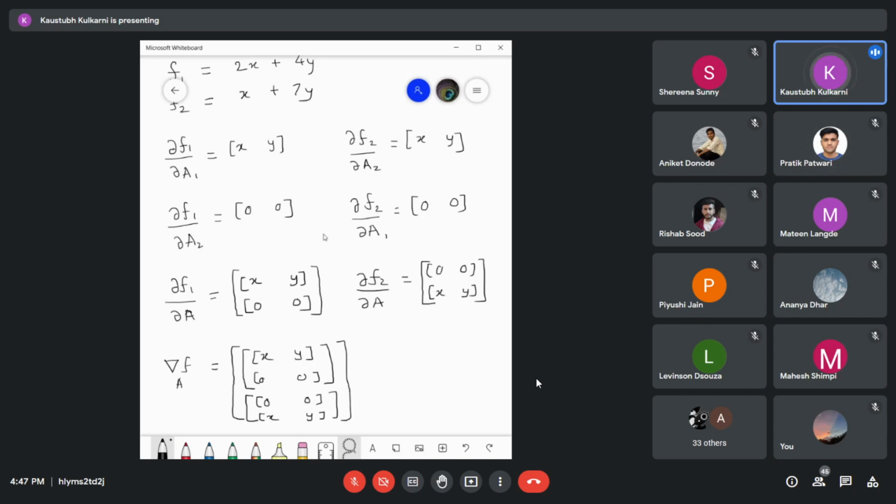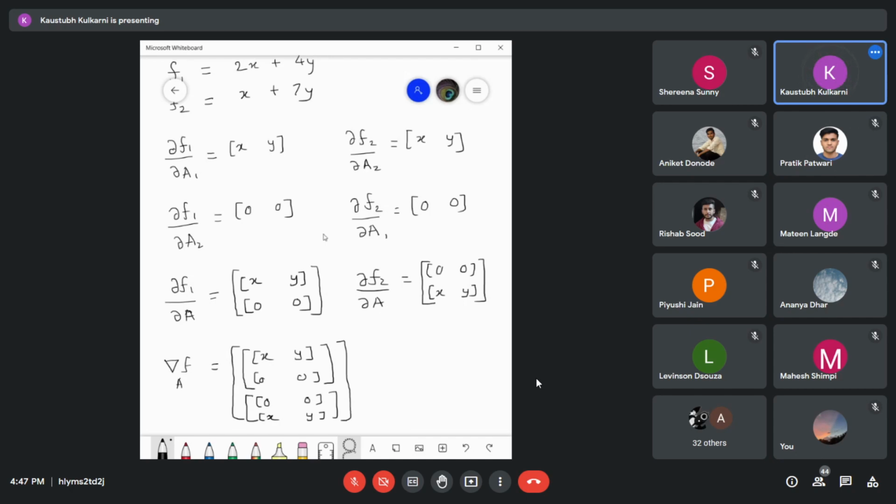This is how its derivative looks. The answer still has x and y because we are not finding the gradient at any particular point. If the question asks for the gradient at a particular point, this is how it will look, and this is the working behind it.